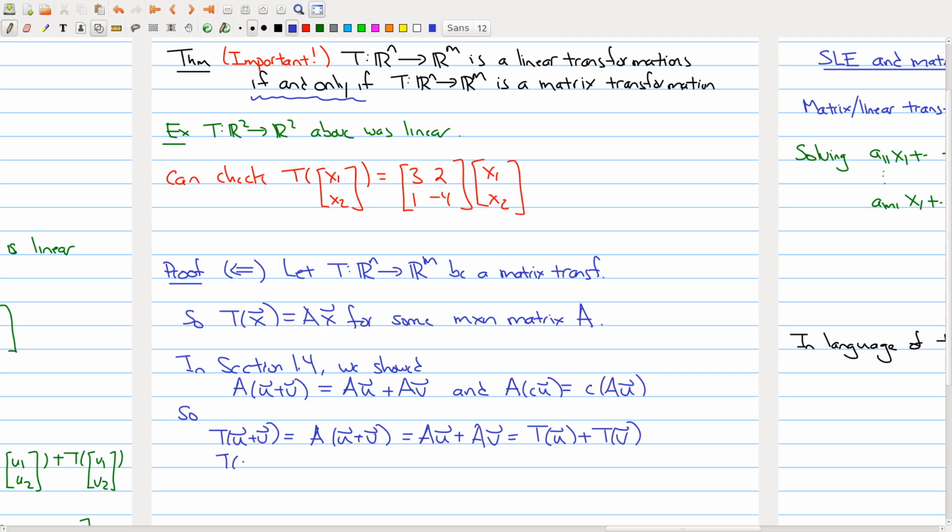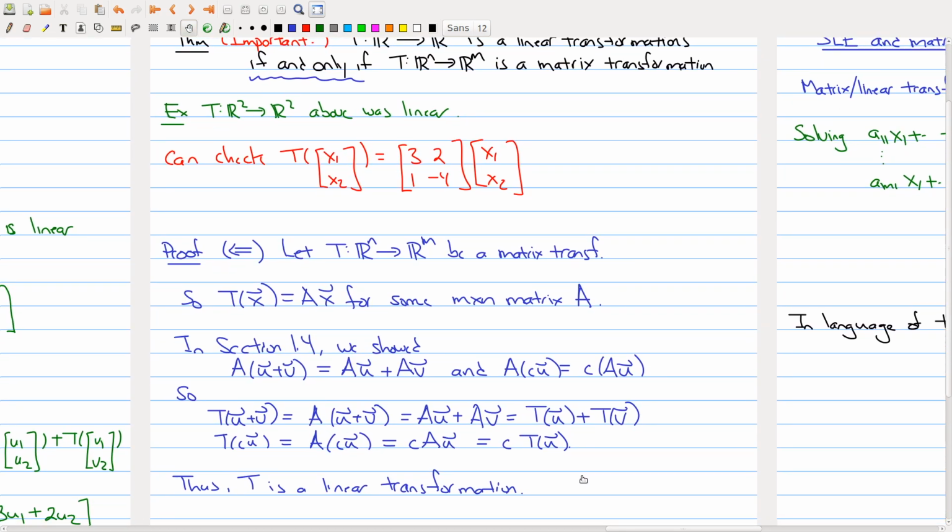And similarly, T(cu) is equal to A(cu), which is equal to c times A times u, which is the same thing as c times T(u). Thus T is a linear transformation. Okay, so this proved one direction of the statement.